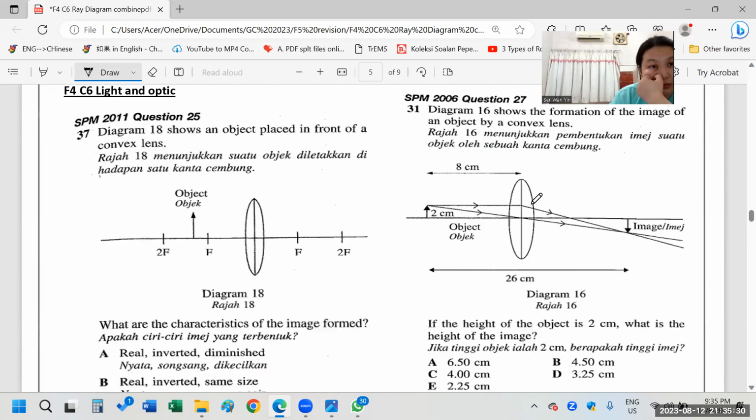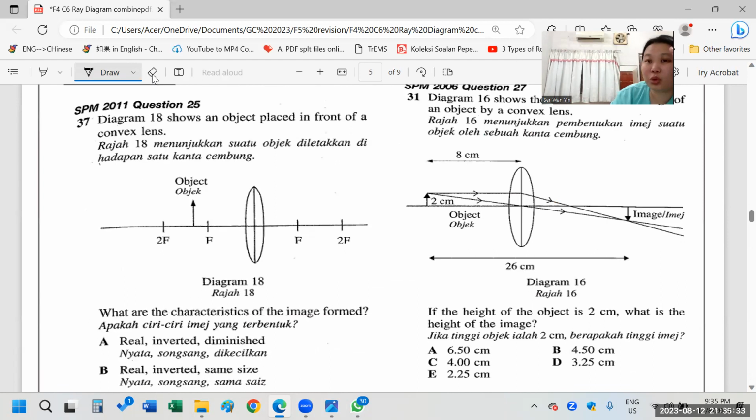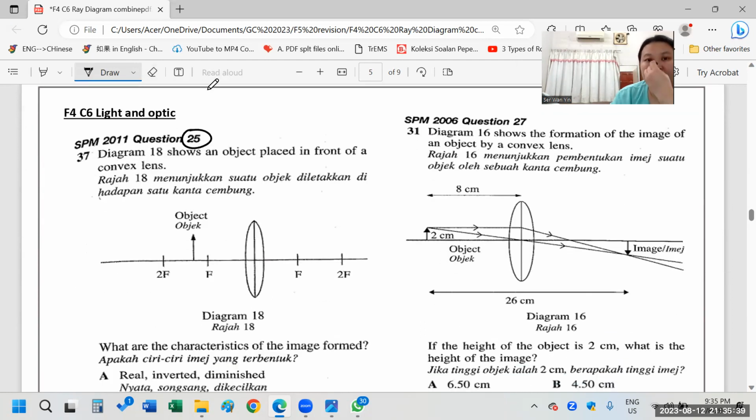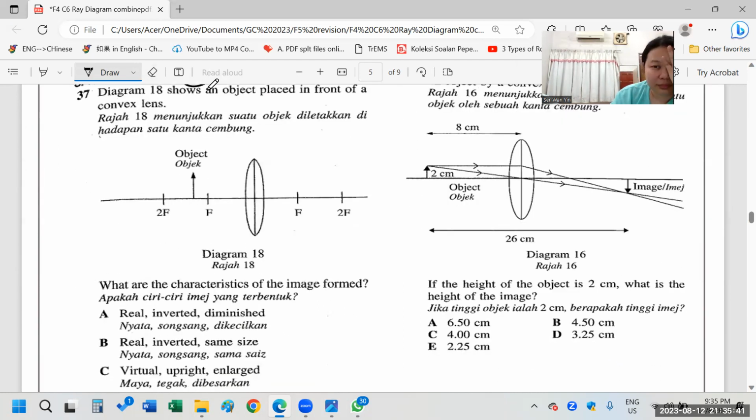So, for example, this is SUM 2011 question 25. Next page. This is an object placed in front of the convex lens. What are the characteristics of the image formed? Like, draw what?